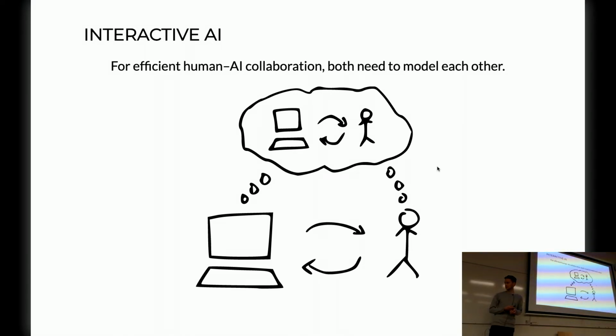And for this, we think that both of them should model each other, or the machine should model some capabilities of the human user, and also the human user should think about what the capabilities of the machine are and form mental models of those.